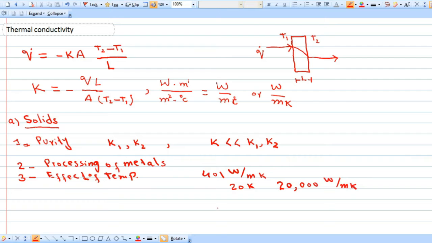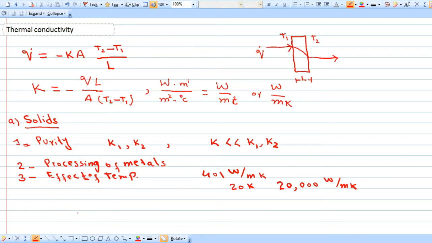This is almost 50 times the thermal conductivity at the room temperature. Therefore, thermal conductivity of the metals increases on reduction of temperature, and metal may behave as a superconductor at very low temperature.